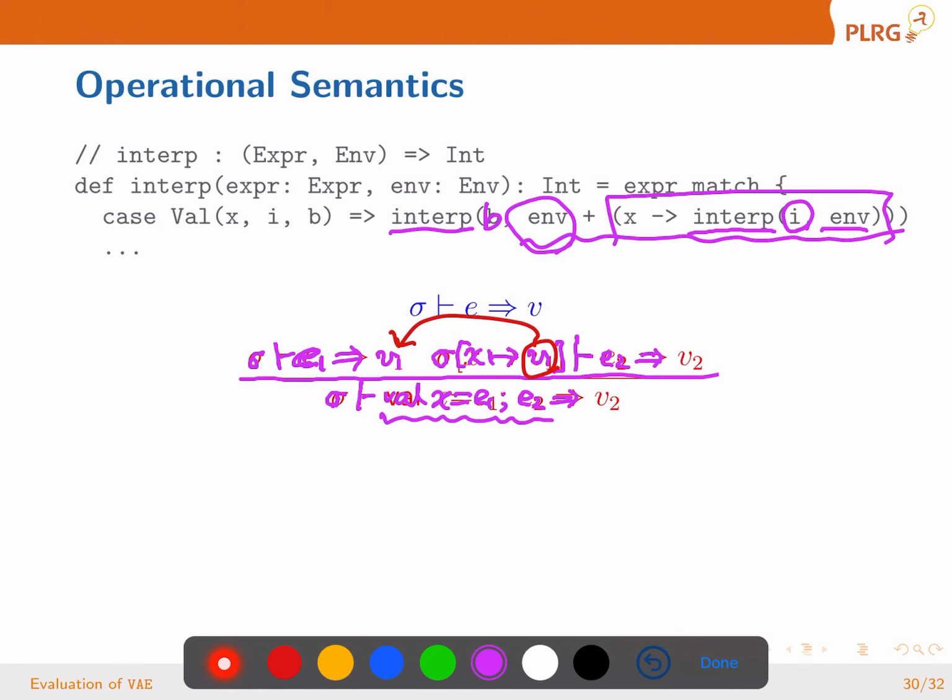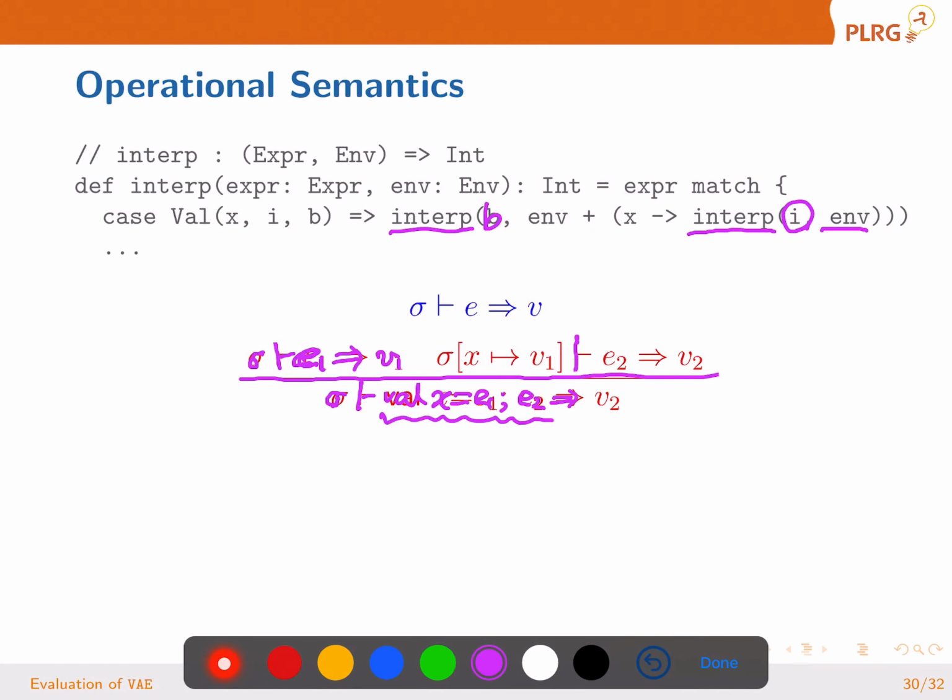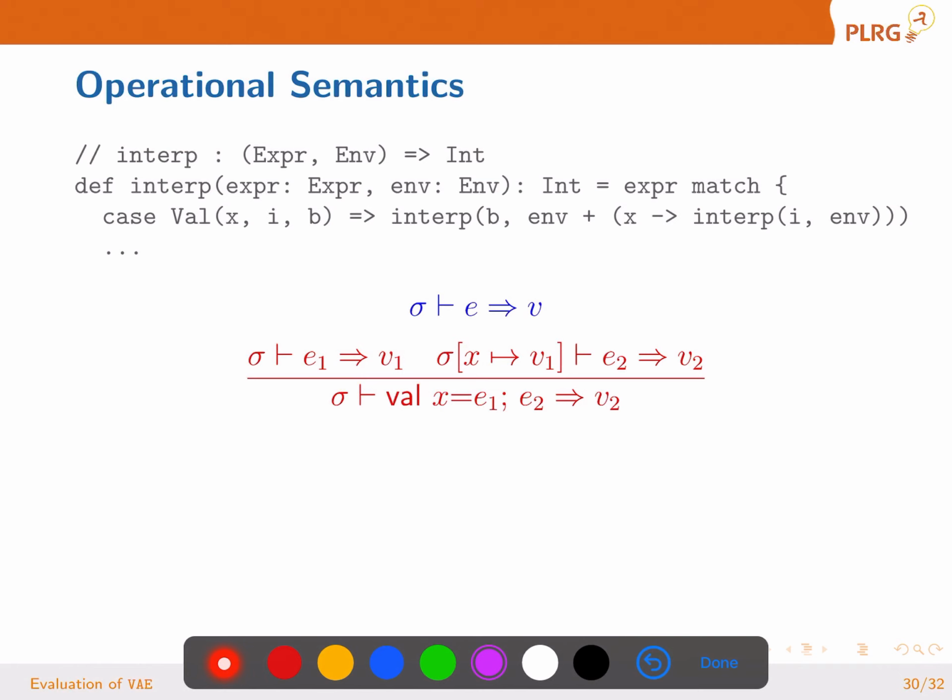Here, one of the most important things, a really important concept, is that we are using two different environments in evaluating E1 and E2. In this expression, there are two sub-expressions, E1 and E2.